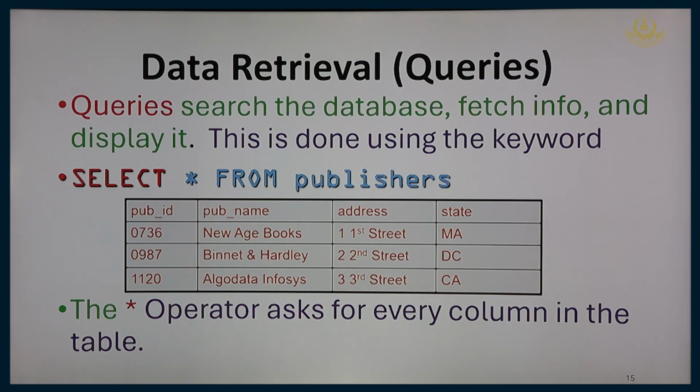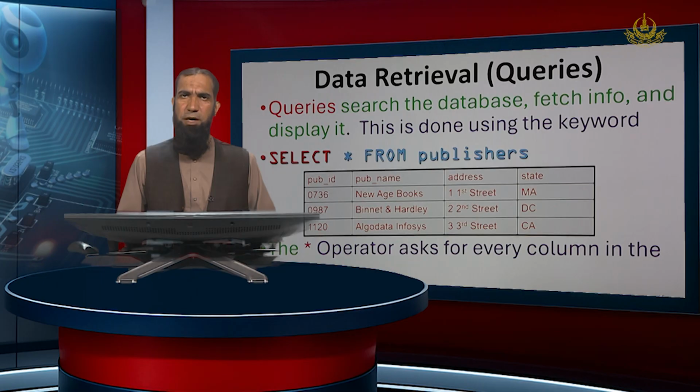The select statement is the heart of SQL. It allows us to fetch data stored in one or more tables. For example, if we want to retrieve customers' names and their cities from a customer table, we write select customer name, city from customers. This will return a result set or table showing only those two columns.